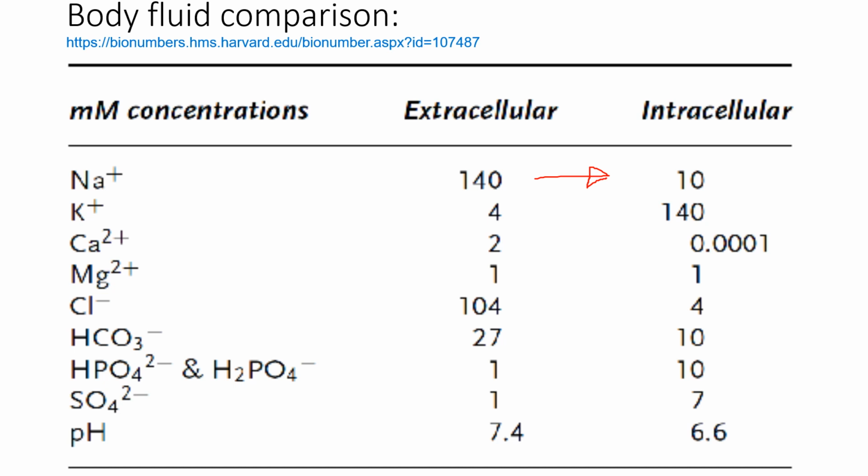If you look at potassium, you'll notice 140, 140, and these numbers will change, by the way. Clinics usually have a range. And so if you open a potassium channel, passive, potassium will move to a lower concentration, so it'll go from inside to outside. Calcium, you see 2, and you'll see the 0.001.